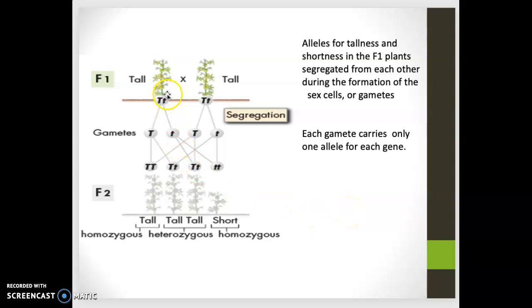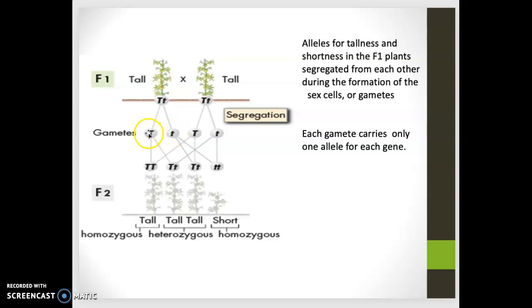So if I have two heterozygous tall plants, right, and they're allowed to, first of all, make their pollen or eggs, right? So this, let's say, is my male plant. This is my female plant that I'm going to use, my female flower on this, and I'm going to use the pollen from this one, right?